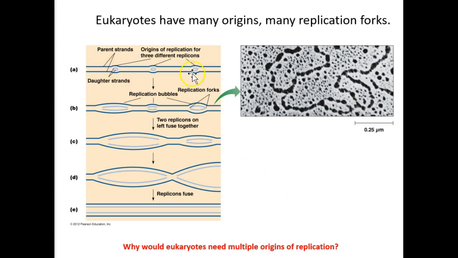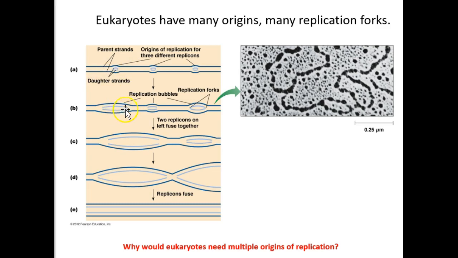So here is one eukaryotic chromosome, and within it there will be multiple, like here in this figure, 1, 2, 3 origins of replication. Those sites are going to attract the replicating enzymes and the DNA polymerase, for example, and then synthesis will start in either direction, this way and this way. It's bidirectional.